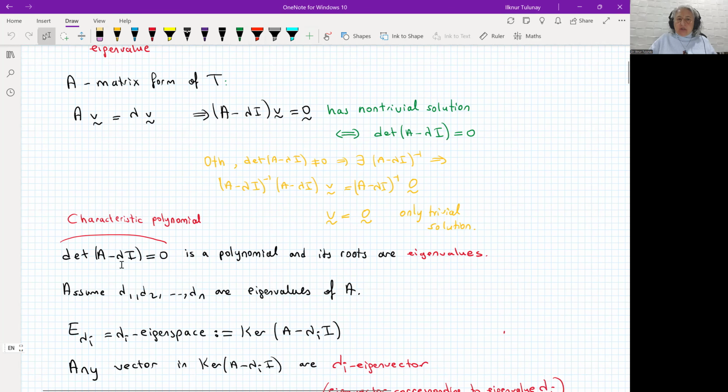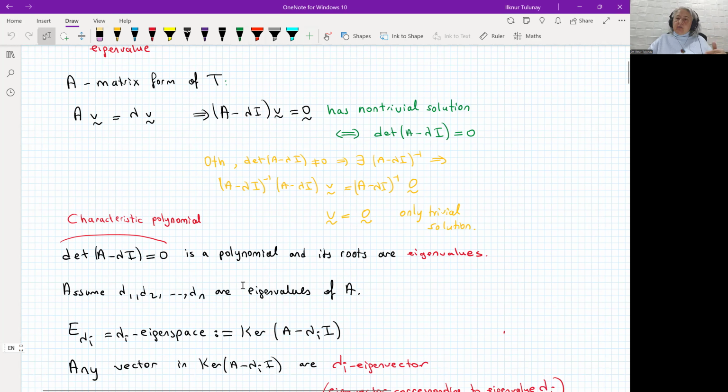And the determinant of this matrix A minus lambda I is called the characteristic polynomial. And the roots of this polynomial are called the eigenvalues, because the unknown here is lambda, and the roots of this polynomial give you the eigenvalues. If you have a 3 by 3 matrix, you have at most three roots of this equation.